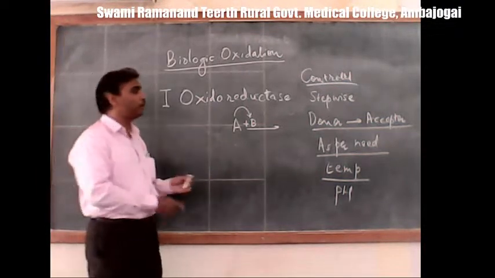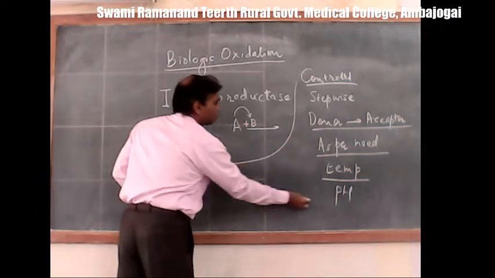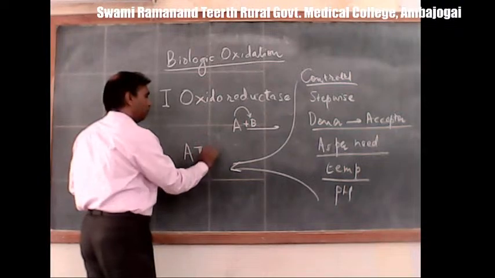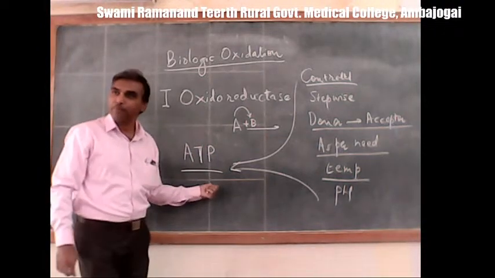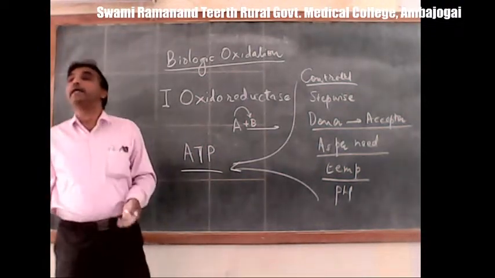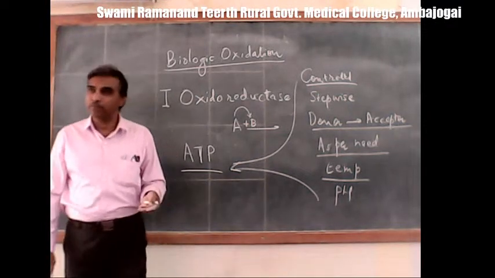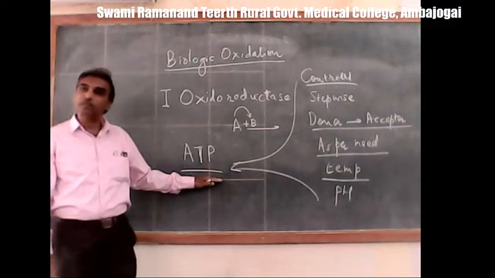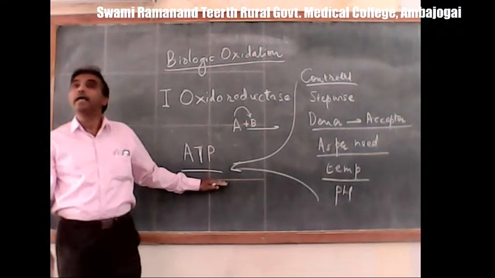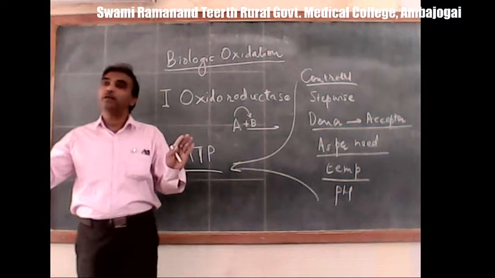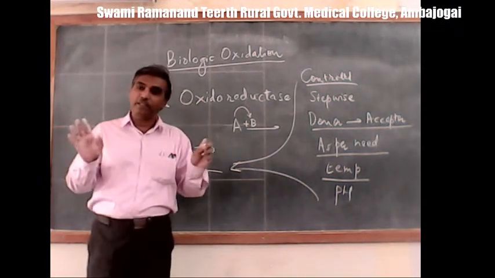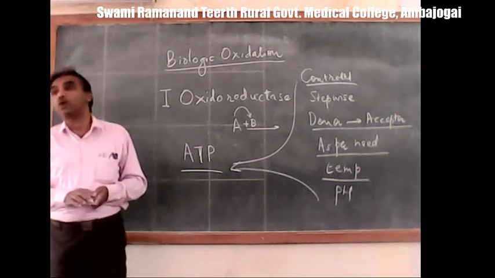This is used for the synthesis of ATP most of the time, or for the maintenance of body temperature. So most of the time ATP is synthesized or energy is liberated as heat for the maintenance of body temperature. So that is a comprehensive definition of biological oxidation.